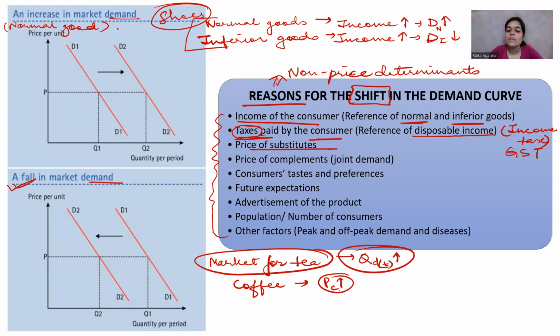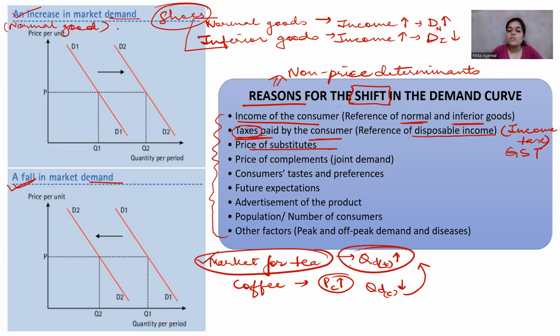Why? Because with the increase in the price of coffee, the people will decrease the demand for coffee, and will shift on to the market for tea. That is, they will increase the quantity demanded of tea. Now, since we are talking about the market for tea as the primary market, the demand for tea will increase, and there will be a rightward shift in the demand curve, leading to this graph.